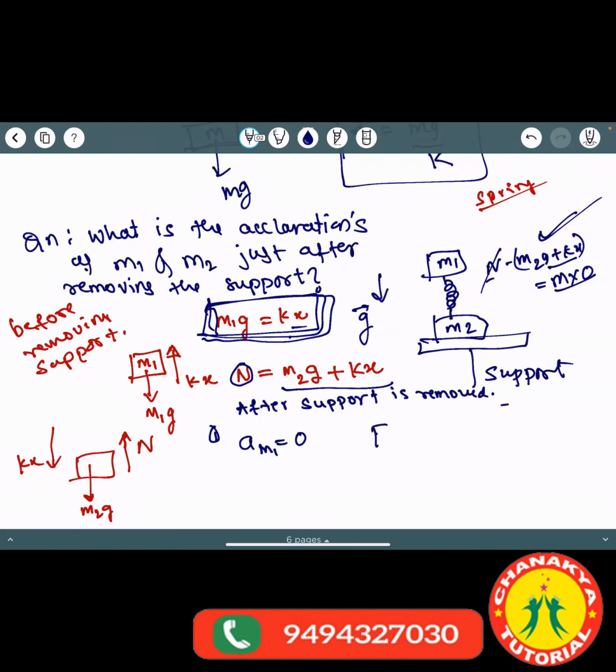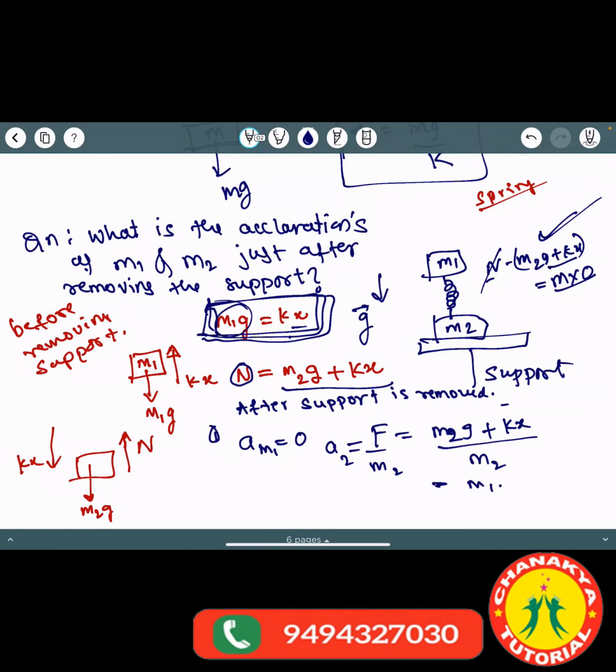Yes, now the force on M2 is M2G plus Kx. Simple, you have to think. So if I divide it by its mass, I will get the acceleration. Now you guys know that Kx equal to M1G, right? Put it here.